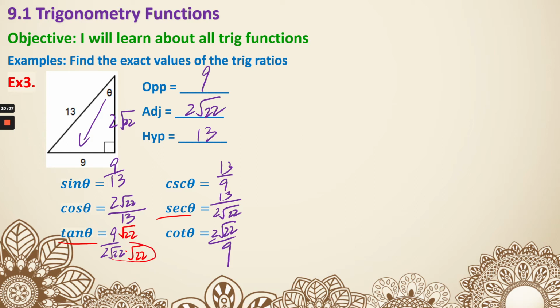So this whole thing will become 22 on the bottom. So it's 2 times 22, which is 44, and the top is 9 square root of 22. Same thing with secant. Multiply the top and the bottom by square root of 22. That's going to be 13 square root of 22 over 2 times square root of 22 times square root of 22, which is 44. That's example 3.